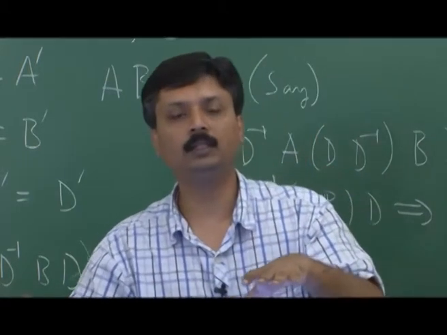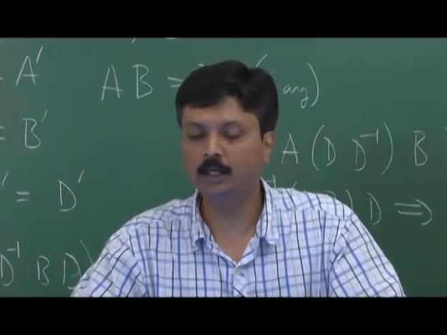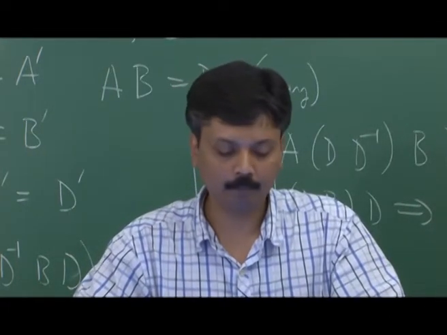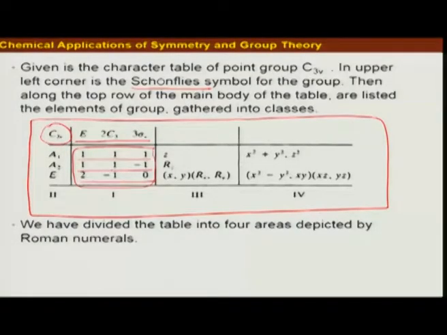You consult any standard textbook of group theory or symmetry, and you will find these character tables there, or even in many books of quantum mechanics. We will talk about these different irreducible representations in greater detail when we come to the great orthogonality theorem. Now that's about area 1.